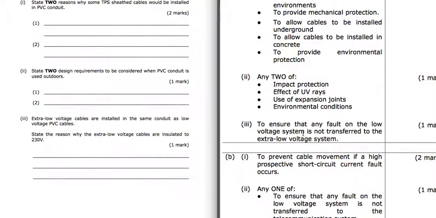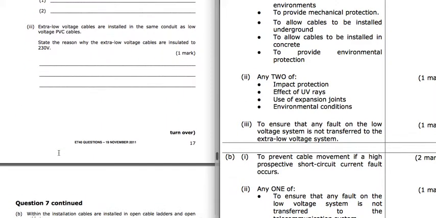So we make sure that they're electrically insulated from each other by the insulation. And so the extra low voltage has to have better insulation than normal because it's going to be sitting next to 230 volt cables.